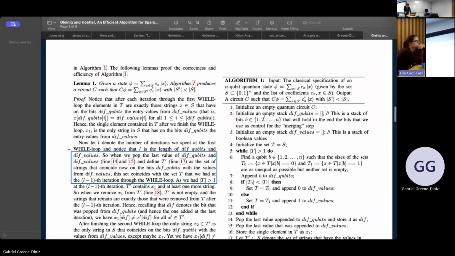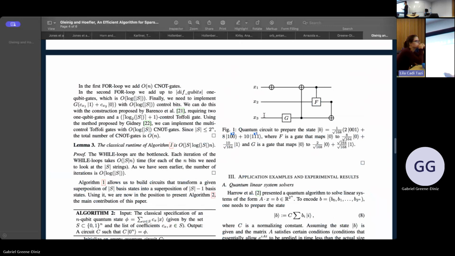The point is that each while loop puts one of these controlled unitaries on it. So the algorithm is very smart in that you don't ever have, believe it or not, these multi-qubit rotations. Everything you do is from single-qubit controlled rotations.